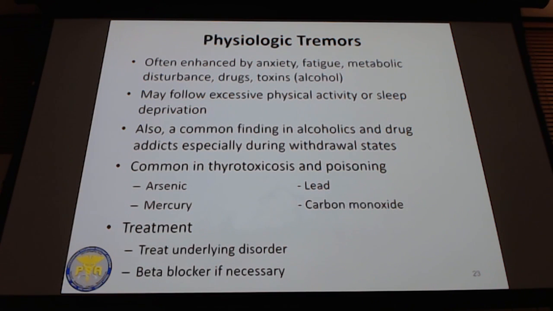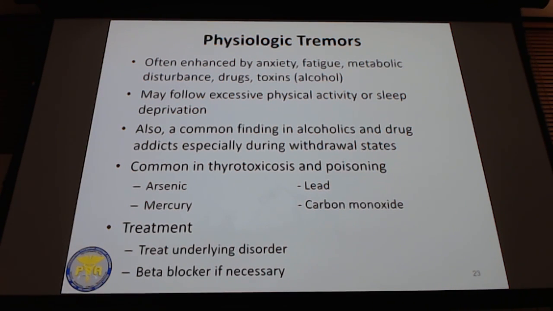Physiological tremor is usually caused by anxiety, fatigue, metabolic disturbances, drugs, toxins, or alcohol. It can be secondary to physical activity or sleep deprivation. It could be a common finding in alcoholics, but it could also be toxicity or poisoning.